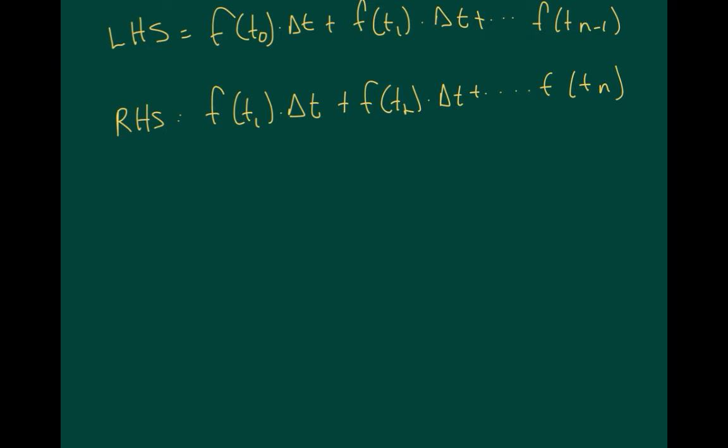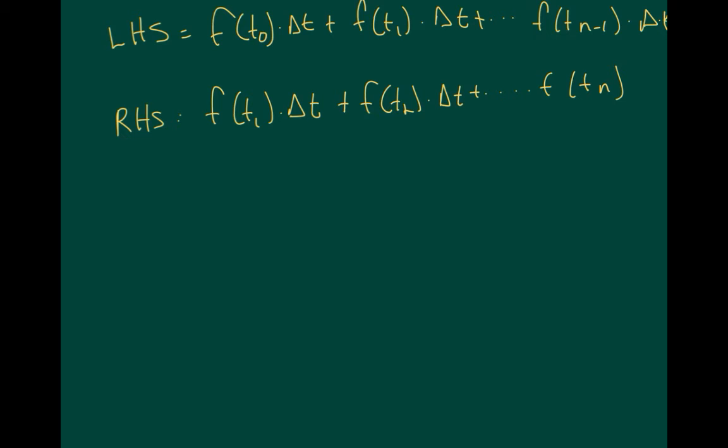Okay, let's quickly review a little bit and compare the two. If I look at the left-hand sum, you'll see that each term is the area of a rectangle. So f of t sub naught times delta t plus f of t sub 1 times delta t plus dot dot dot all the way to the last one, which is f of t sub n minus 1 times delta t.